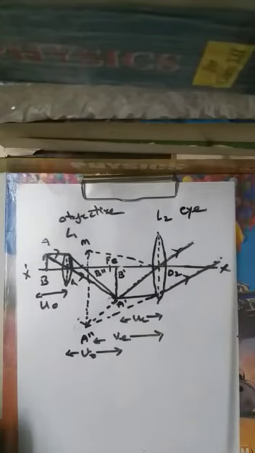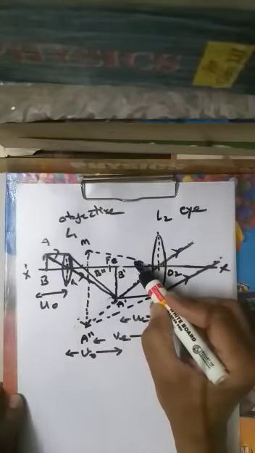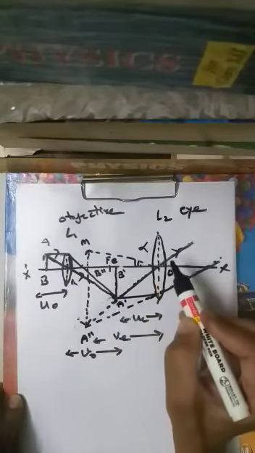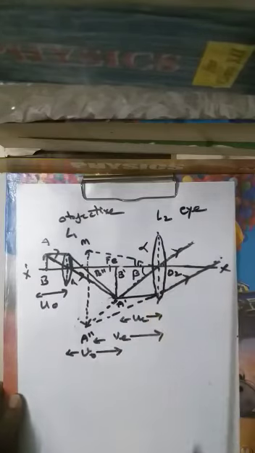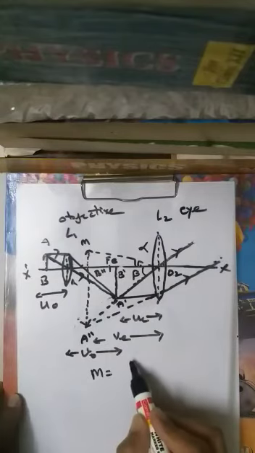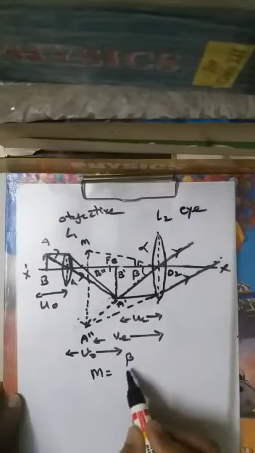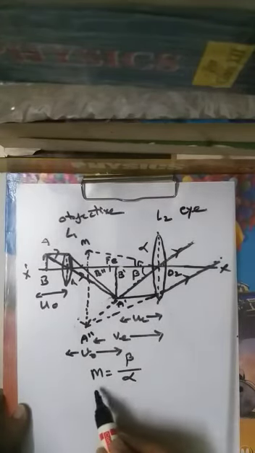Now by definition of magnifying power, this is the angle alpha formed by the object. This is the angle beta formed by the image. By the definition of magnifying power, it is the angle subtended by the image to the angle subtended by the object when both lie on the same plane at least distance of distinct vision.